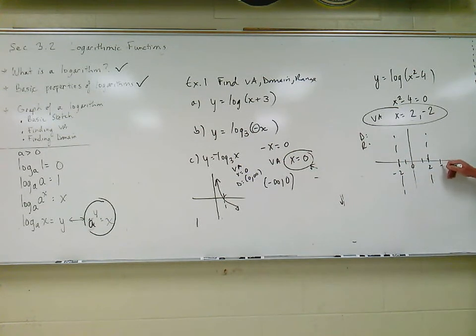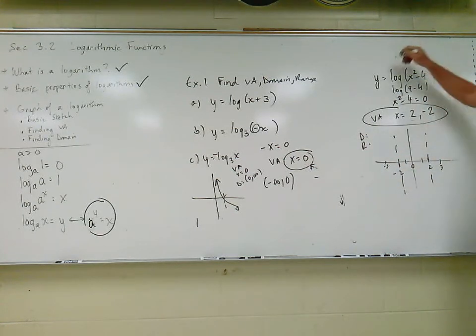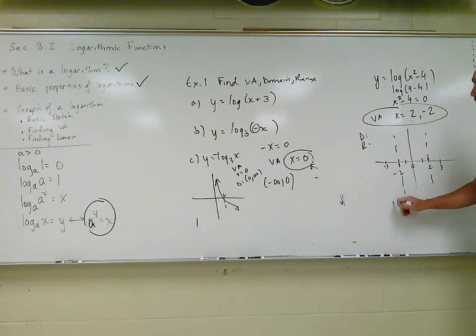What happens if I plug in a 3? I get log of 9 minus 4. Is that okay? Yeah. So you know that there's going to be graph here. What happens if I plug in, say, a -3? If I plug in a -3, I get log, now look, it's -3 squared minus 4. So what happens when you square a negative? Positive? I get a positive. Okay?